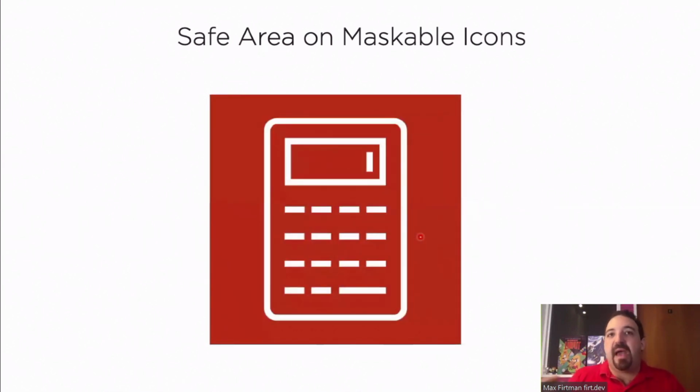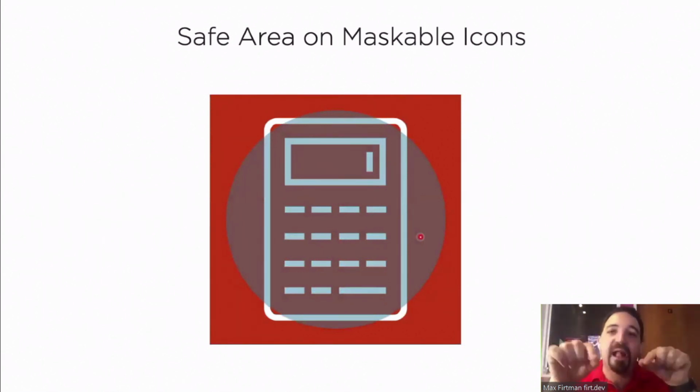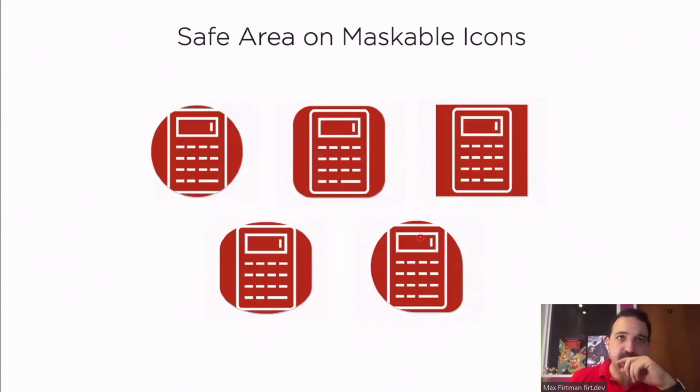So for example, if you have a calculator icon like this one, when we apply the safe area, we can see that the rounded corners of the calculator might be outside of the icon. So when we apply this icon to several shapes, you see that we may have some problems on some shapes. So we need to do something with this.